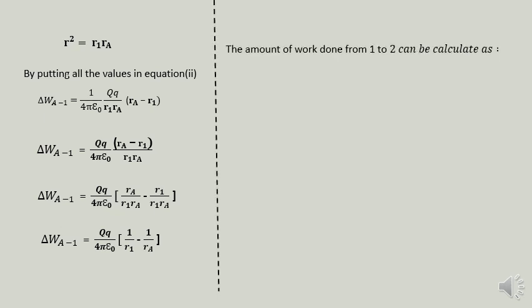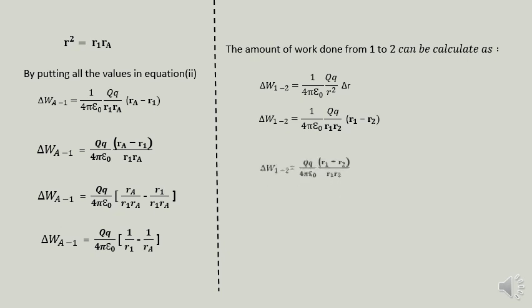The amount of work done from point 1 to 2 can be calculated as delta W 1 to 2 equals 1 upon 4 pi epsilon naught Q upon R square delta R, and 1 upon 4 pi epsilon naught Q upon R1 R2 by putting the value of R square here, and delta R will become R1 minus R2. Similarly, we write this equation Q upon 4 pi epsilon naught R1 minus R2 divided by R1 R2.